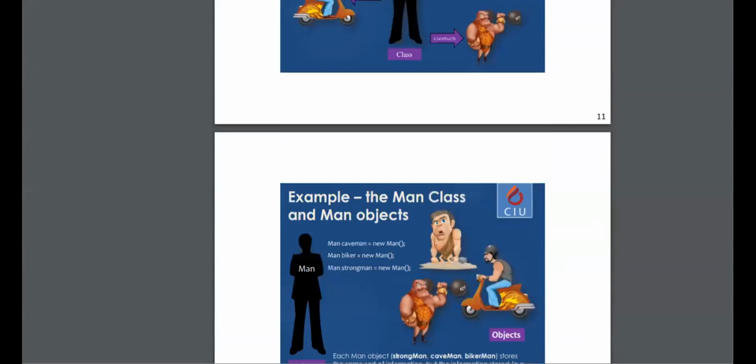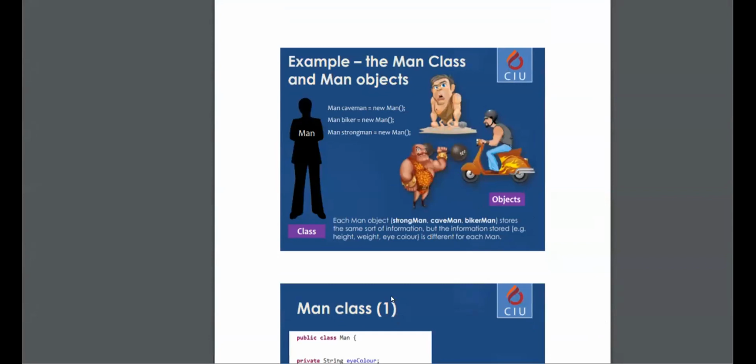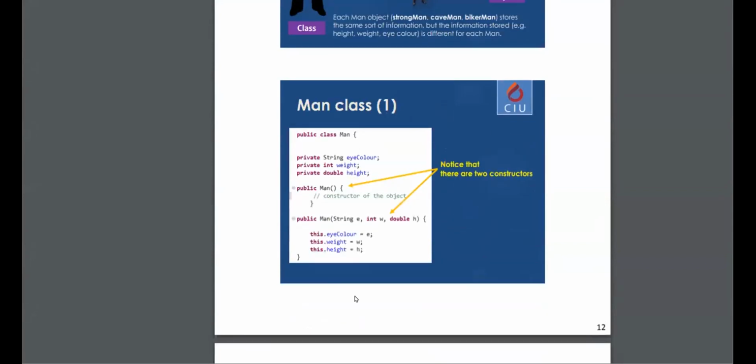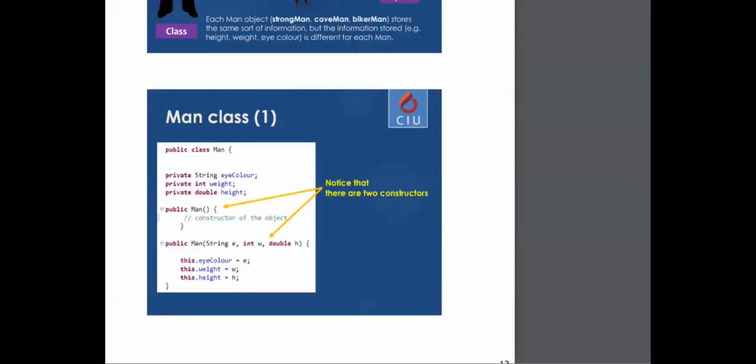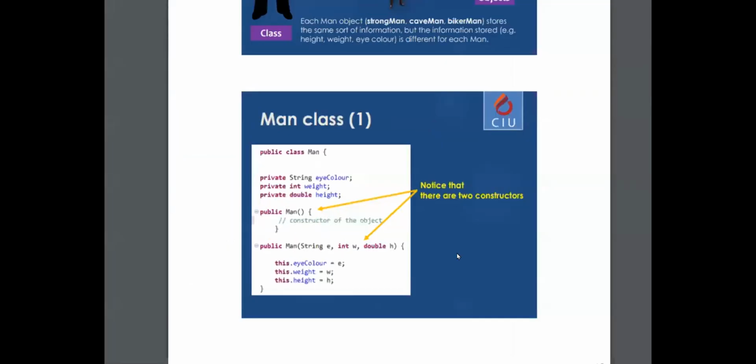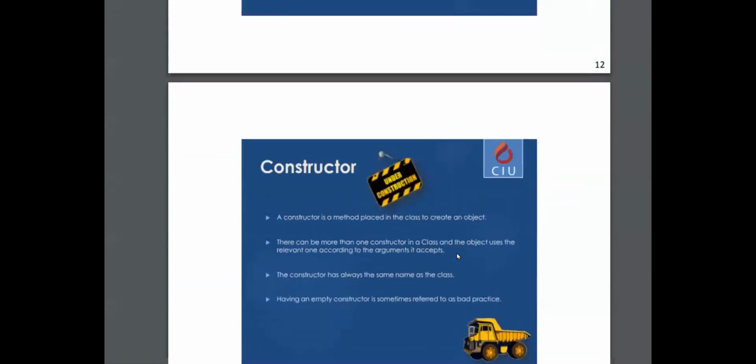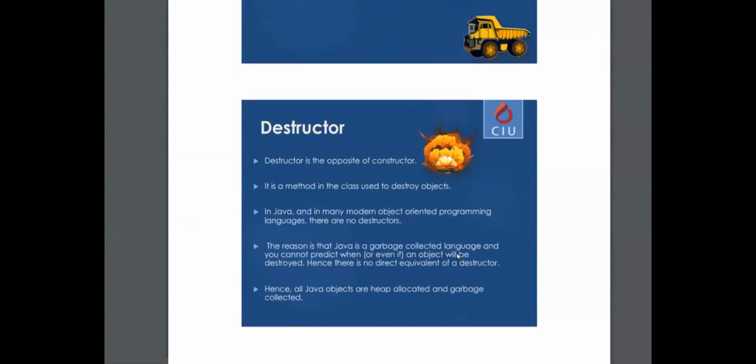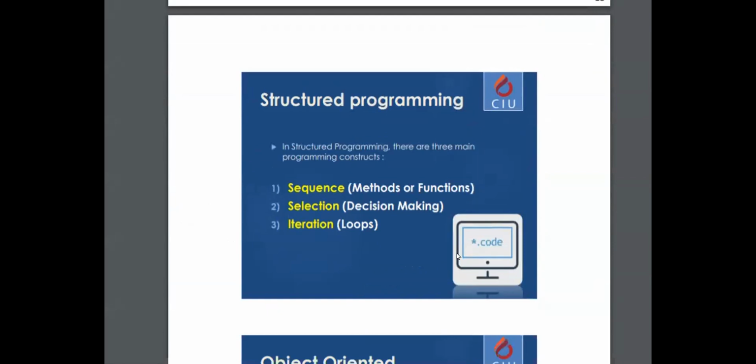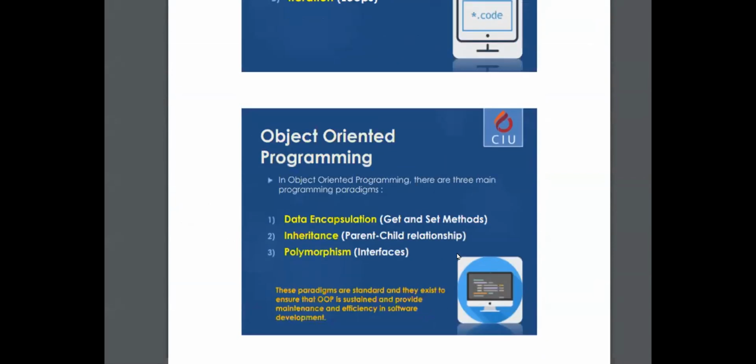We're going to name a class, and then based on that class, we're going to create a couple of objects and show you how you can create objects from the same class, and we're going to use some of the object-oriented concepts such as constructor, destructor, object-oriented paradigms, concepts, and so forth.